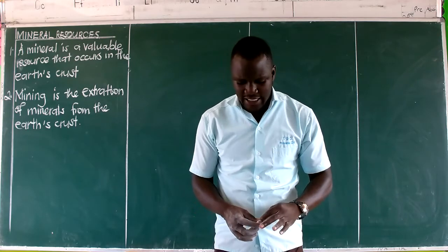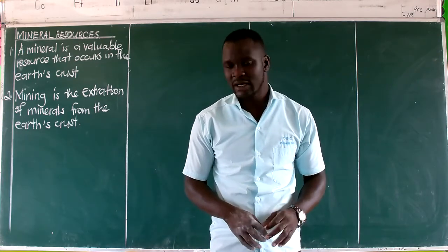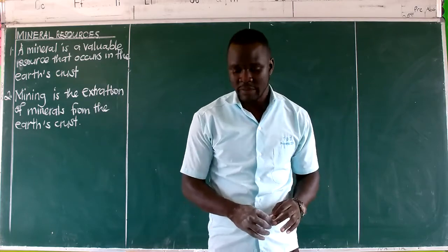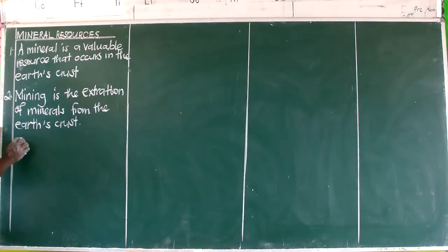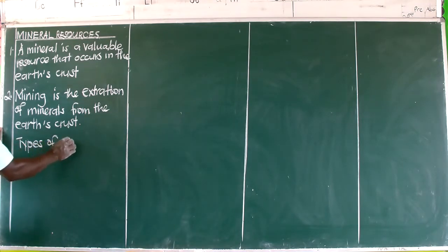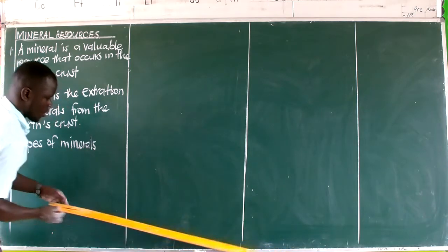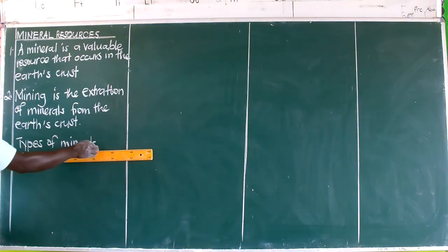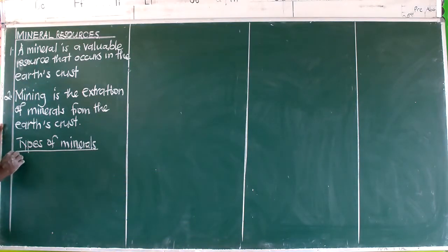We have to look at the types of minerals. We are going to be looking at mainly 3 types of minerals. Let's have the heading, types of minerals. We are going to have 3. We shall have metallic minerals.